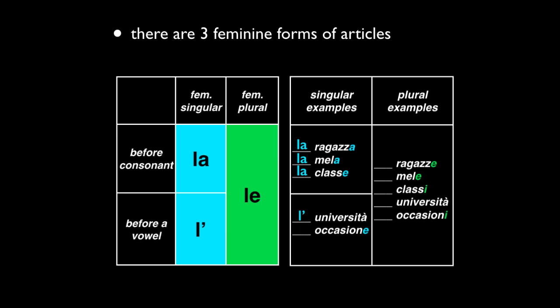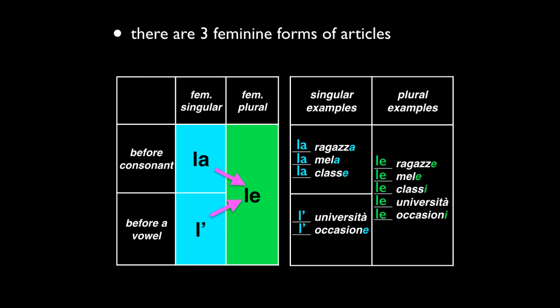And if you have a singular word with a vowel, you have l' in front of that. And both of these, la and l', will turn into le in the plural. So notice over in the plural examples, it's always le ragazze, le mele, le classi, no matter what the word starts in.